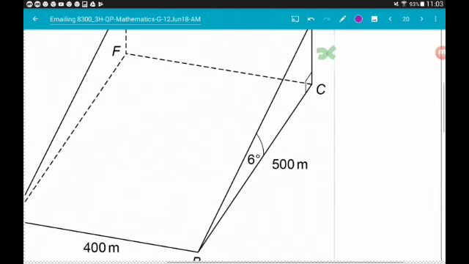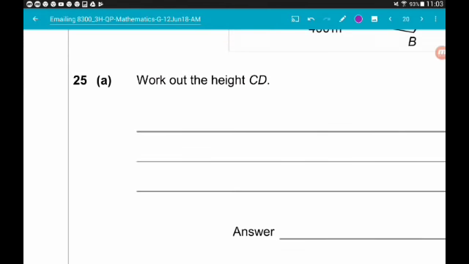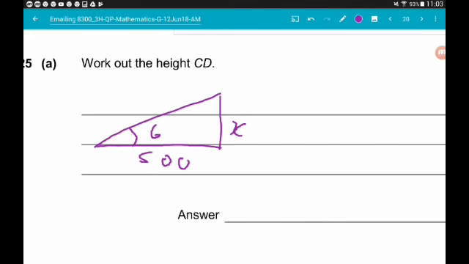Now this shape on the side is a right angle triangle. So we can say the base is 500. This angle over here is 6 degrees. So we can use trigonometry. With regards to that angle, the x length is the opposite. 500 is the adjacent.